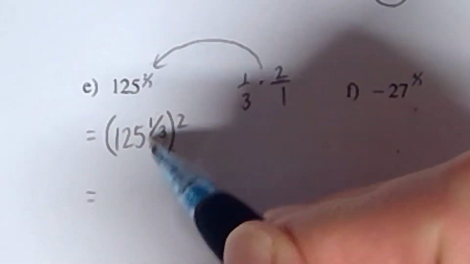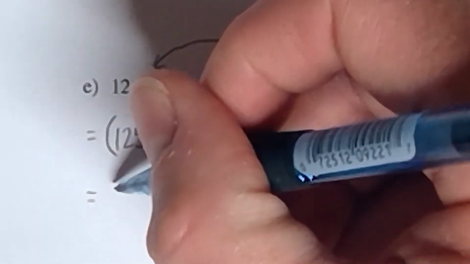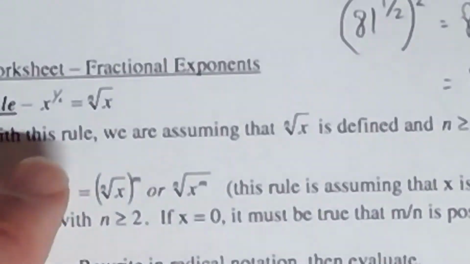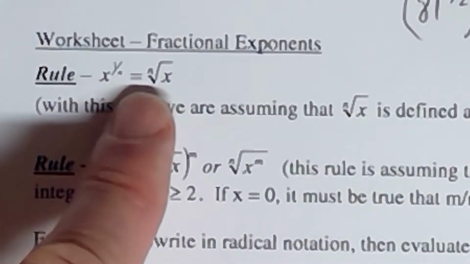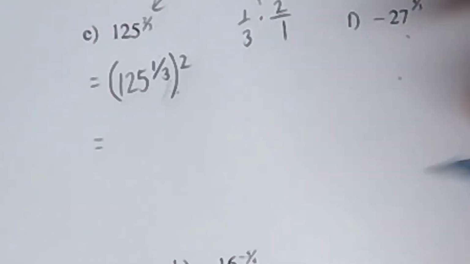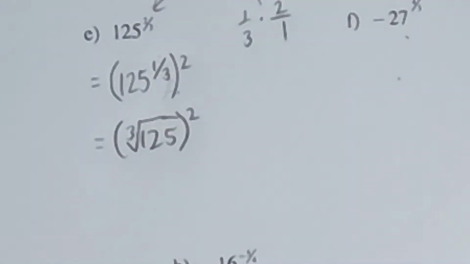What would be 125 to the 1/3 power if we converted that to a radical? As the rule at the very top tells us, and we've been using that rule in the last few problems, 125 to the 1/3 power would be the cube root of 125. So on the inside of the bracket, I would write the cube root of 125, like this, to the second power.